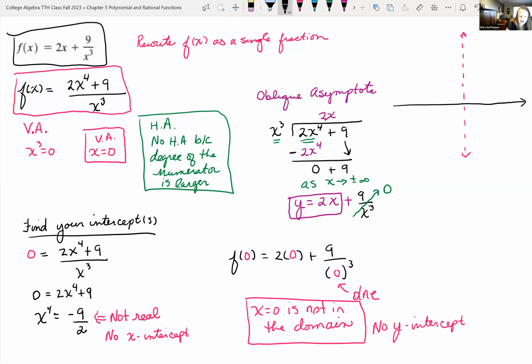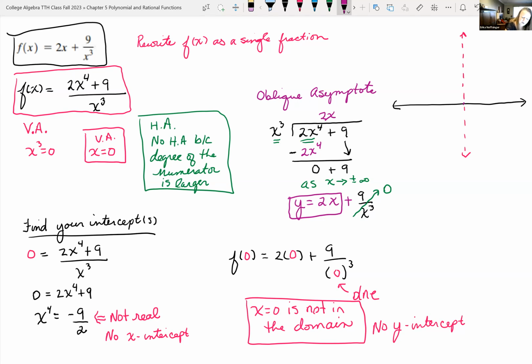So we had a vertical asymptote on our y-axis, and we have a slant or oblique asymptote at y equals 2x. So it's a linear equation, in the form y equals mx plus b. Technically, I would have a point at 0, 0 when I'm plotting this graph, but it's not part of our graph.